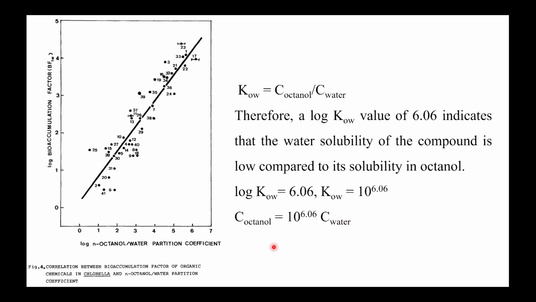So that means it is more soluble in octanol than water. This value indicates the water solubility of a compound is low as compared to the solubility in octanol. So that means it is hydrophobic. It is less soluble in water, so it is hydrophobic.